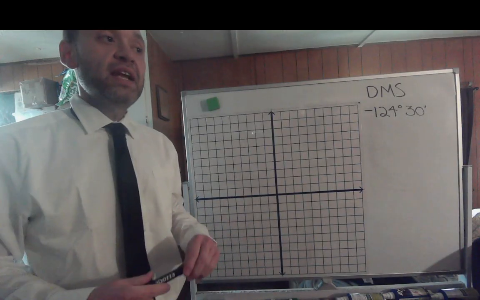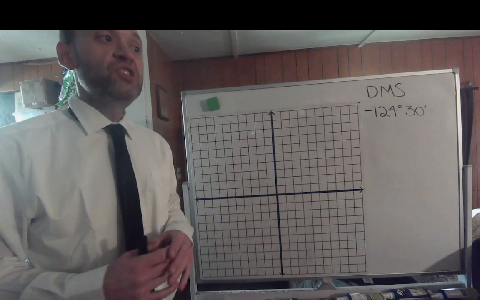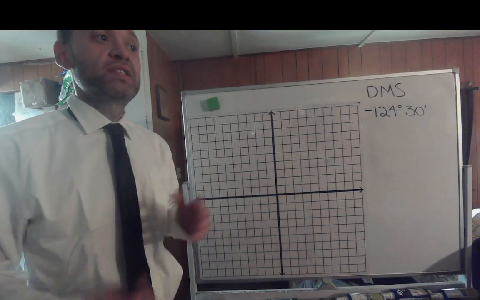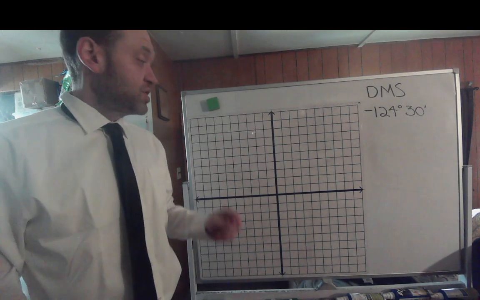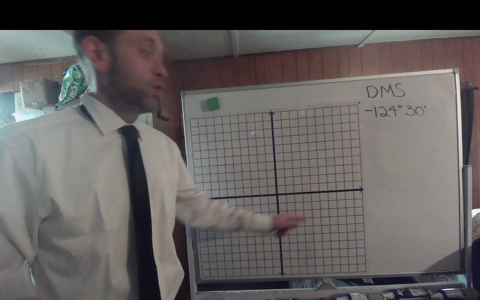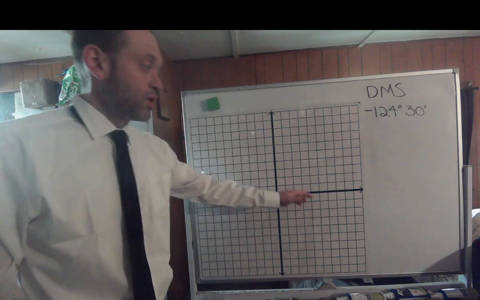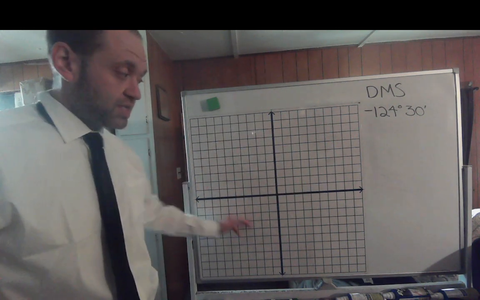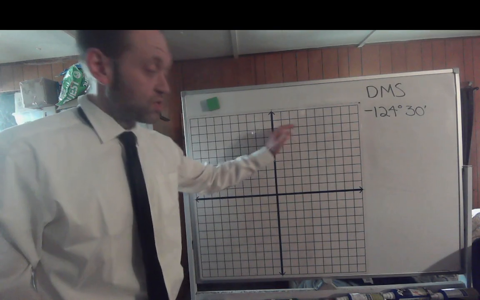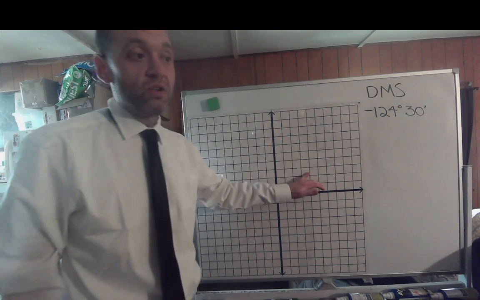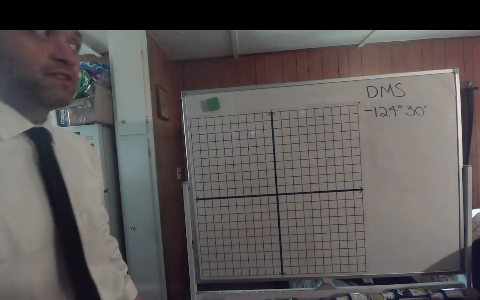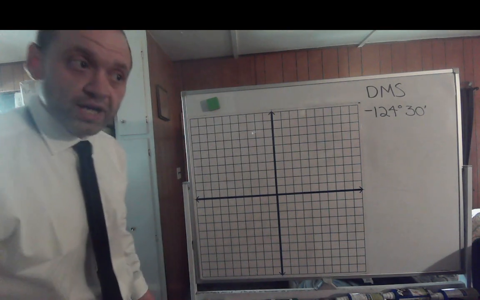And it's not that an angle is truly negative, it just indicates which direction it's going. Most angles go counterclockwise. That's where you have a positive angle, when it goes counterclockwise. If it goes clockwise, it's a negative angle. So it's not truly a negative angle, it just indicates which direction it's going.